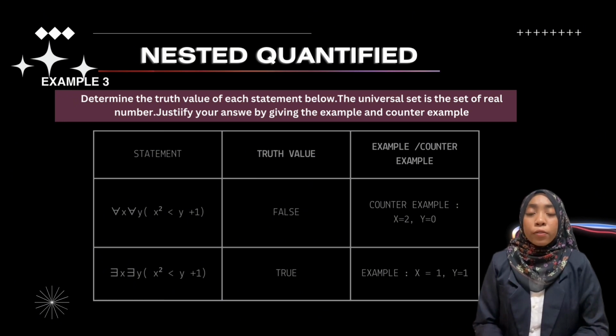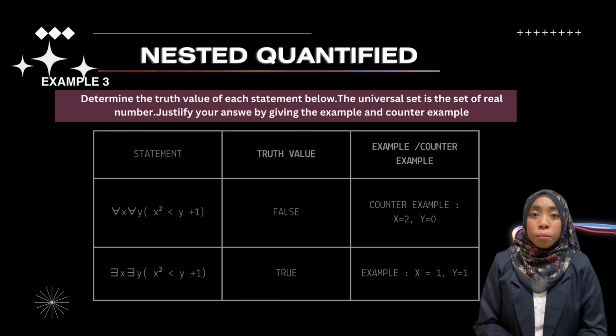The first one, for all x, for all y, x power of 2 is less than y plus 1. So the answer is false. Why? Because if we put x is 2 and y is 0, we get 4 less than 2. So that is false.